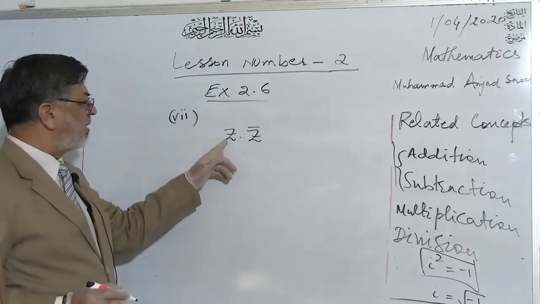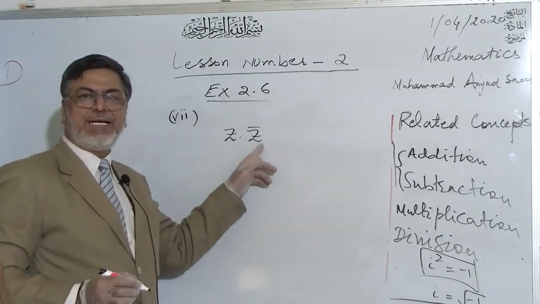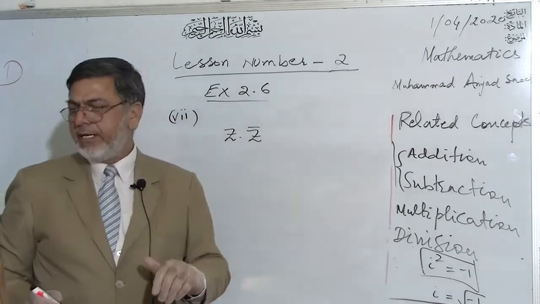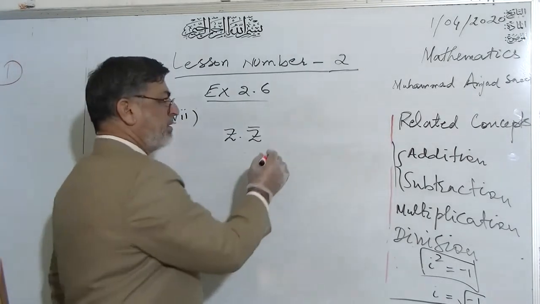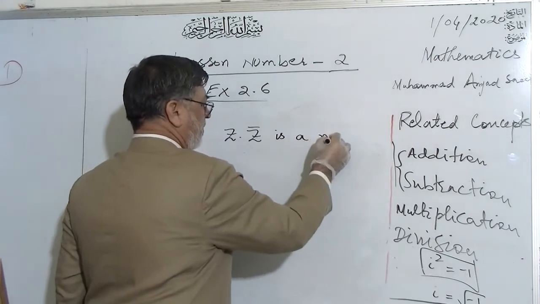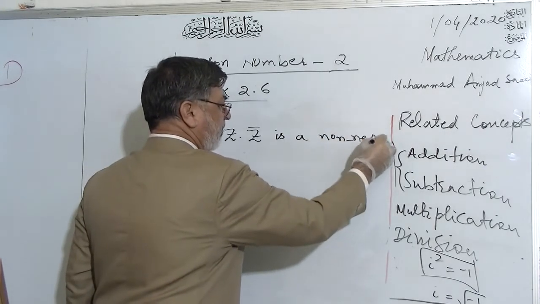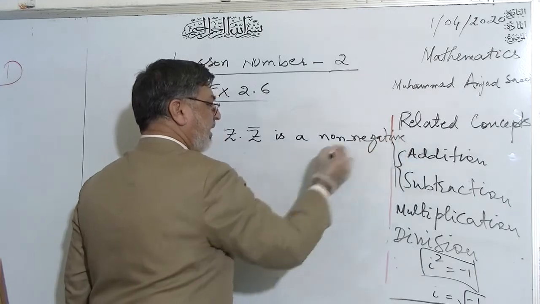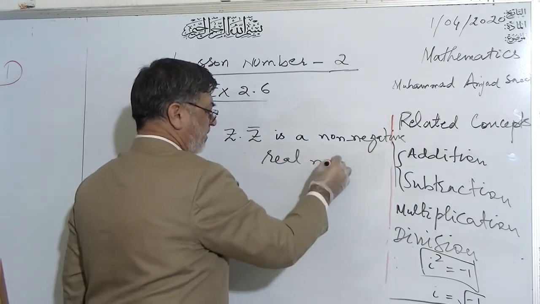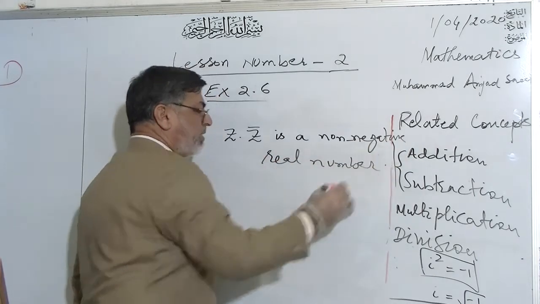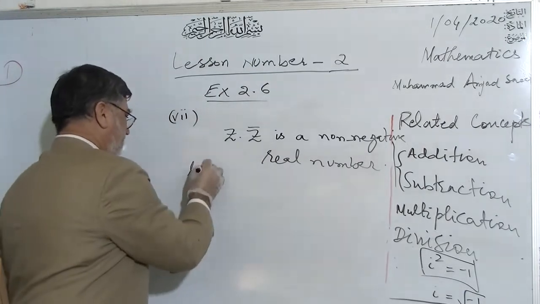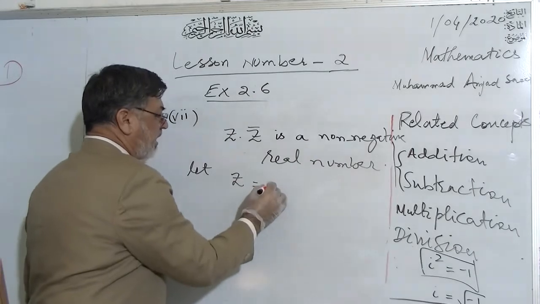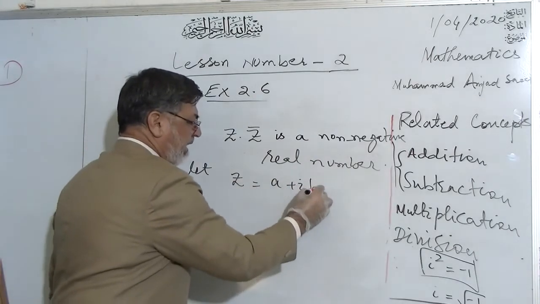Product of complex number z and its conjugate z bar is a non-negative real number. Dear students, first of all we have to let the complex number z be equal to a plus iota b.